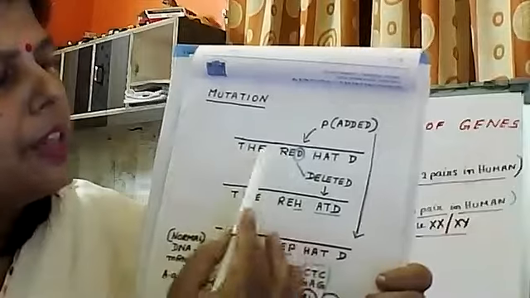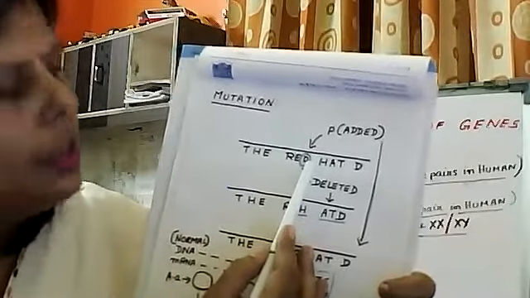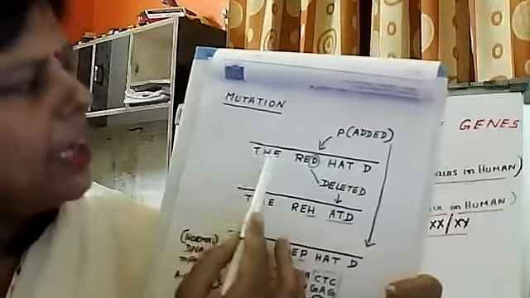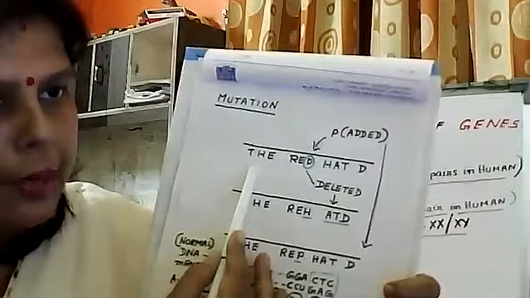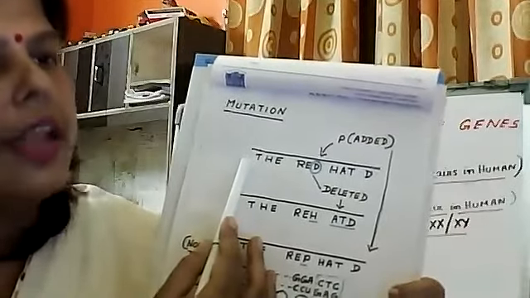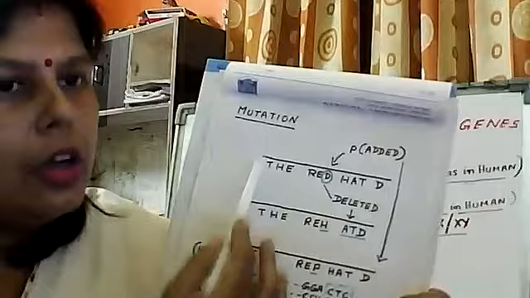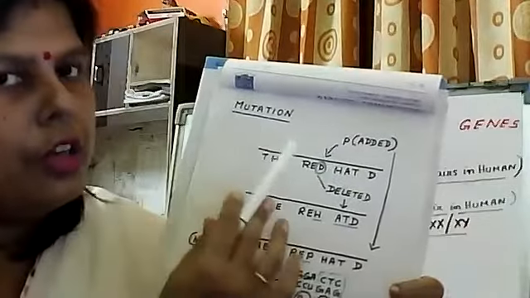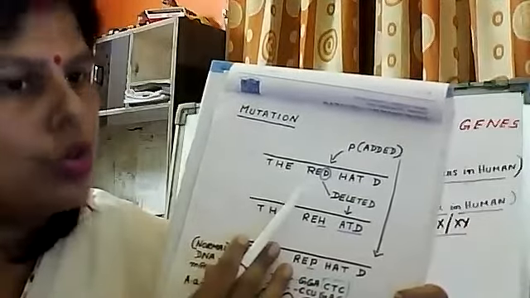Whole setup means their phenotypic character will change, and that is said to be the mutation. The agent responsible for bringing changes is said to be a mutagen. Those things I have given you in the form of PDF, you can go through it.